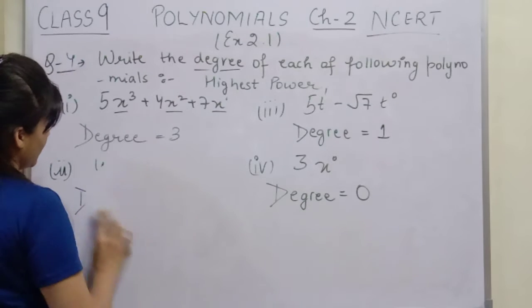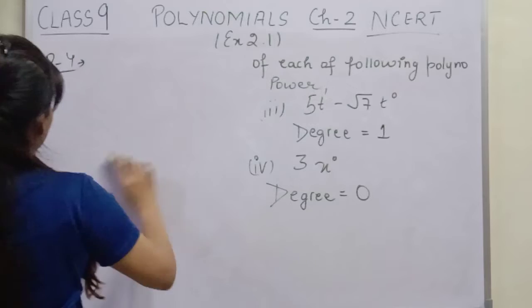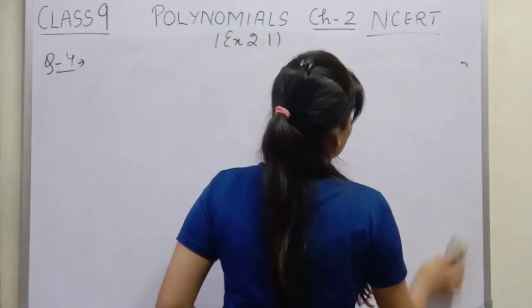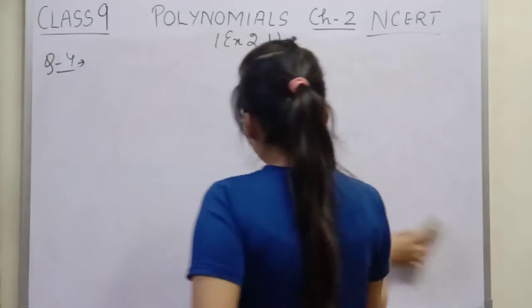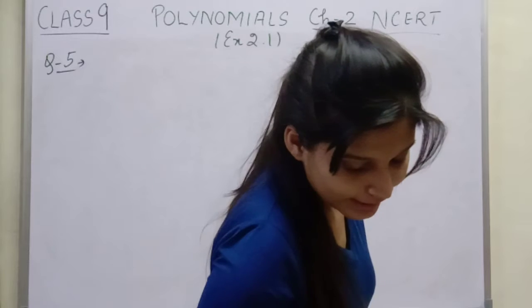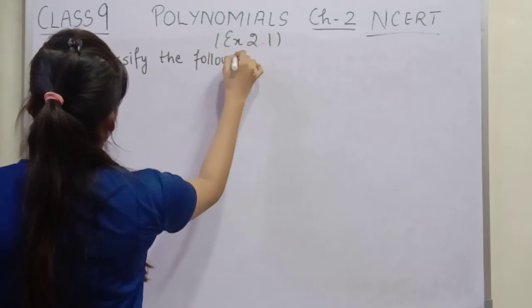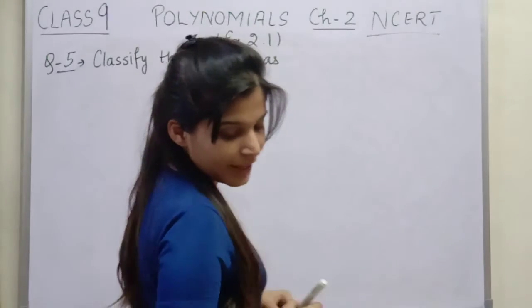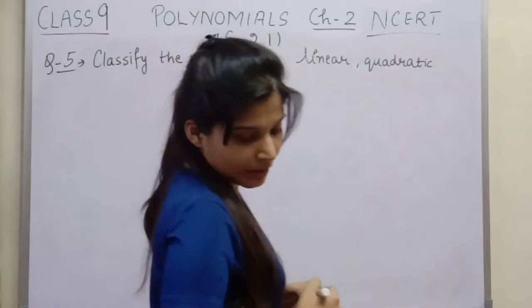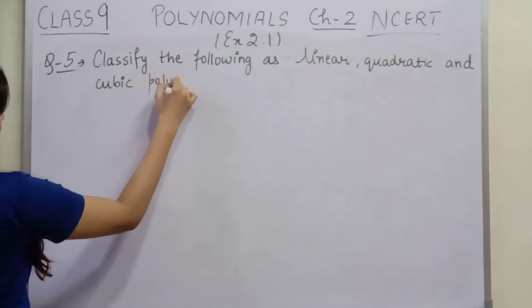Let's start with question number 5 now. Question number 5 of exercise 2.1 is: classify the following as linear, quadratic and cubic polynomials.